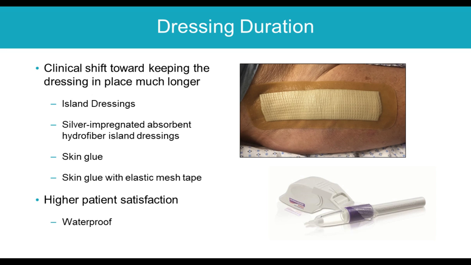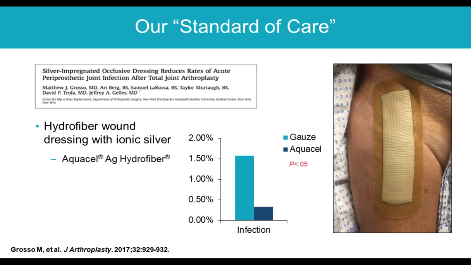They're typically waterproof, and many patients can return and take a shower pretty immediately after surgery when they have one of these on, which obviously increases patient satisfaction after surgery. And this is one of the big reasons these have been fairly widely adopted in hip or knee replacement surgery.